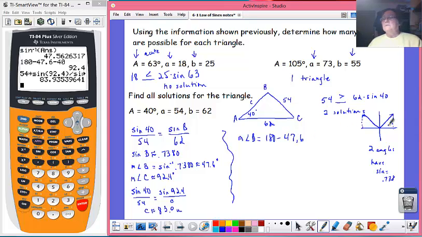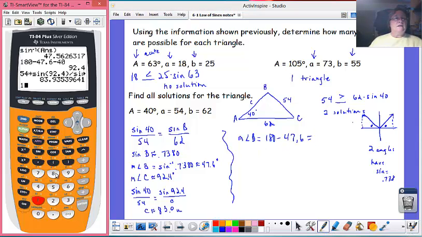Again, I just want to point out to you, this is 47.6, so is that. They both have the same sine because their y values are the same, 0.7380. Okay. Go ahead and find that angle B here, 180 minus 47.6.